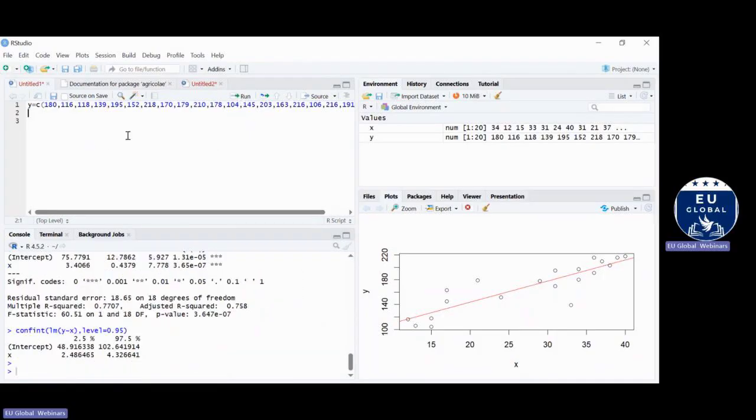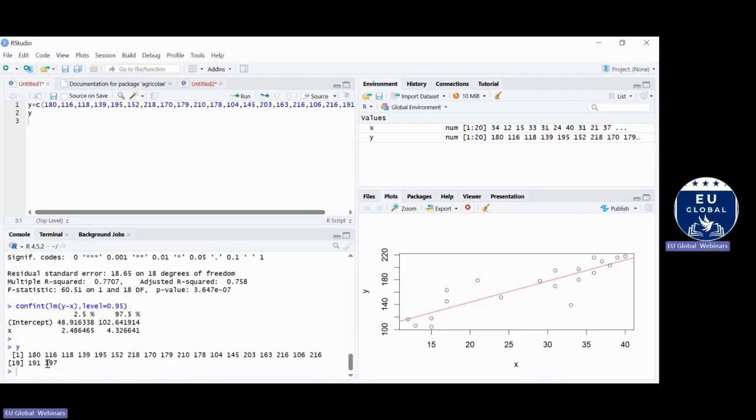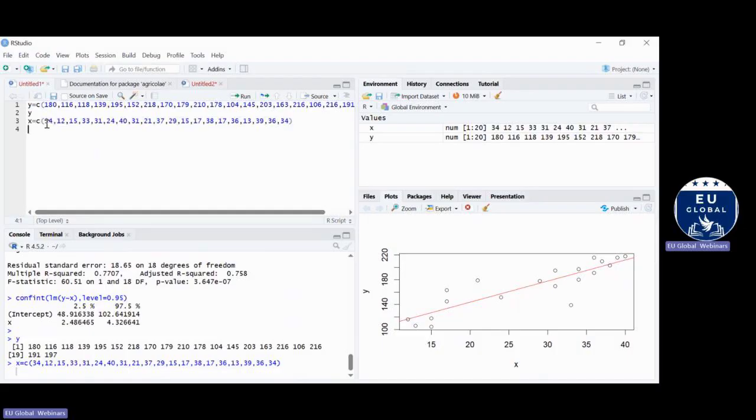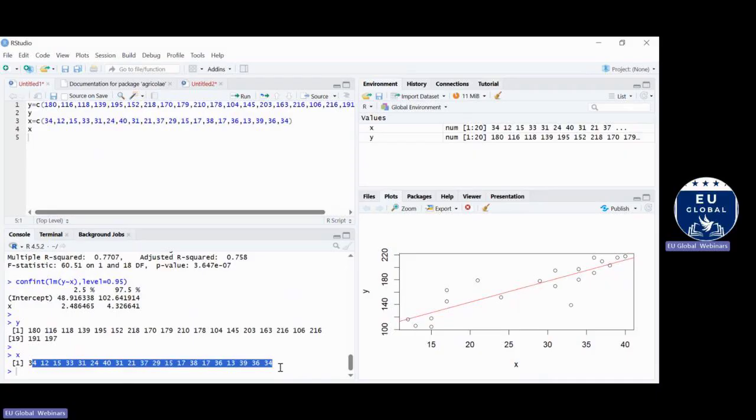Now the value of y is created. To see it, we run y again and the value can be seen over here. This y value represents the marks of the student. Similarly, we'll be taking the value of x. This value of x represents the number of hours the student studies per week, and this is the independent variable. We run this command, and again we want to find out the value of x. So this is the value of x.